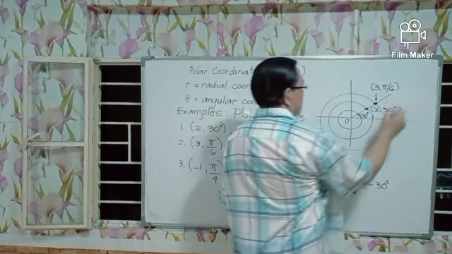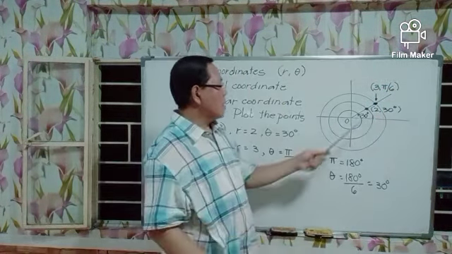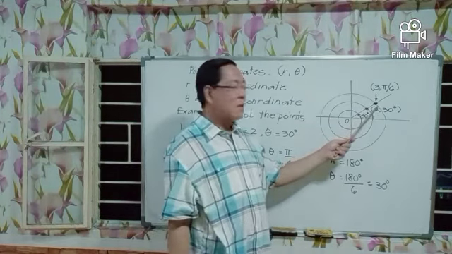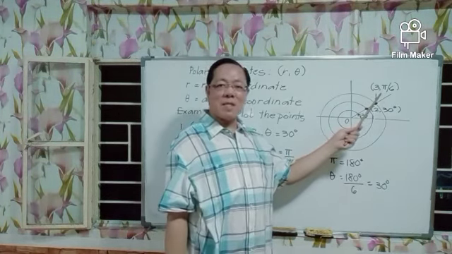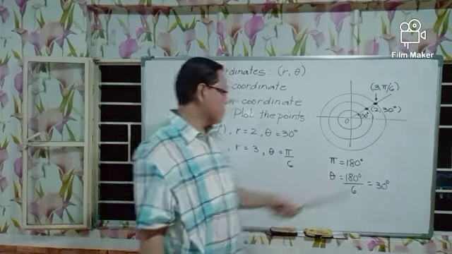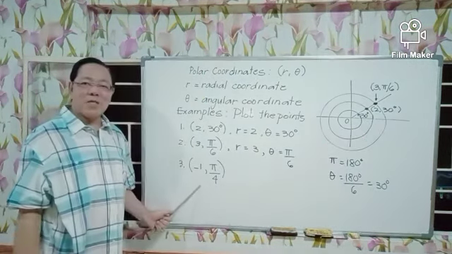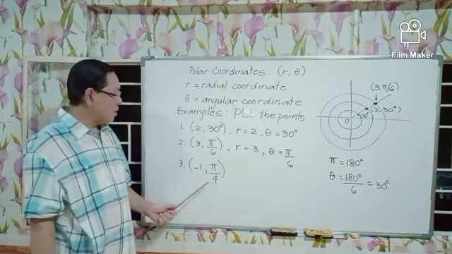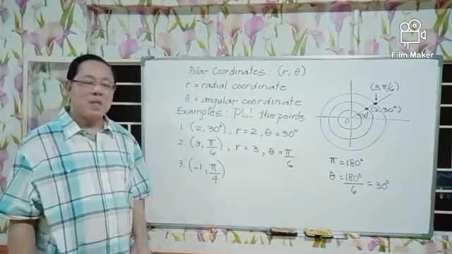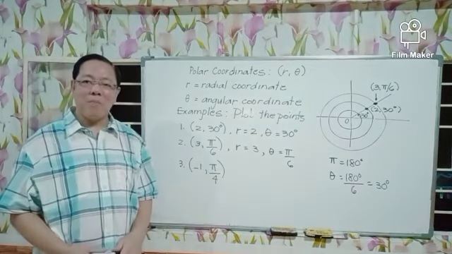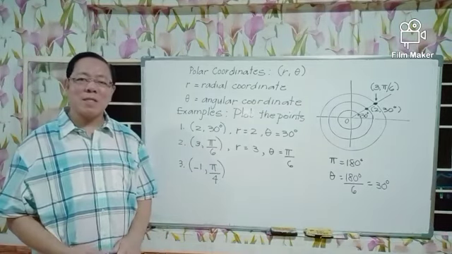And this is the point with polar coordinates 3 and pi over 6. Next, we plot the point negative 1, pi over 4. In this example number 3, the radial coordinate is negative 1.